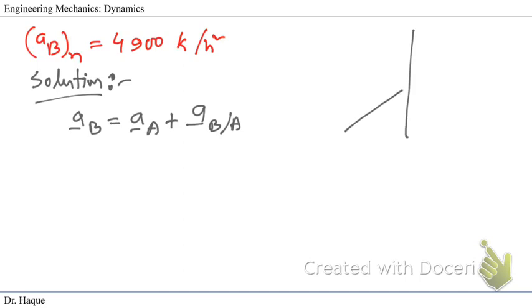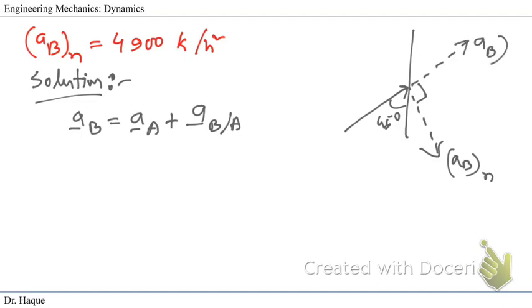We have this acceleration which is 45 degree, and we have the normal component which is 90 degree from here, so that is the normal component, and this is the tangential component of acceleration B.